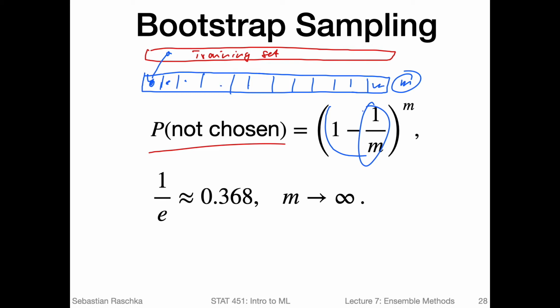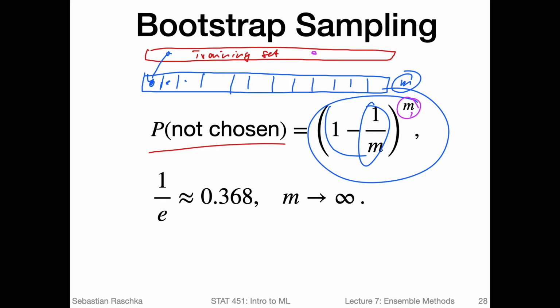We make this 1 minus 1 over m not-choosing choice m times. So the probability of not choosing a particular example in the whole bootstrap set is (1 minus 1 over m) to the power of m. That's the probability of not choosing a particular data point like this one for the whole bootstrap sample.